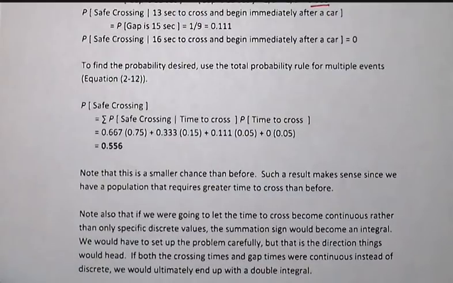Now, we could also begin to look at this as not discretized time. We could allow both the time to cross as well as the time gaps themselves, instead of being specific individual values that we've got here, to be real numbers as they are in real life.